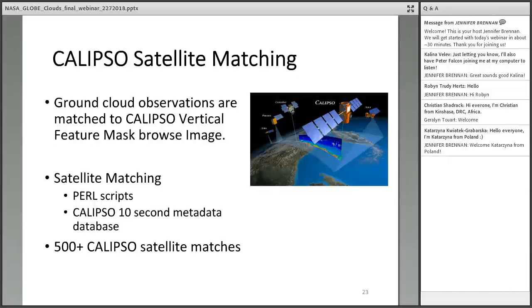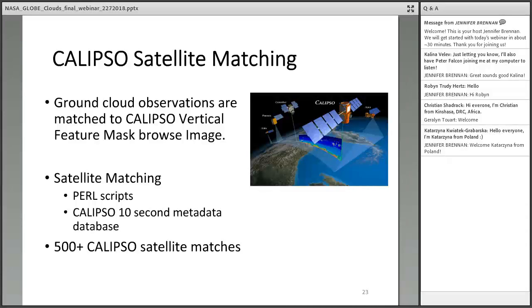We also match Eclipse, which is a much more difficult task. Eclipse sees a very thin, narrow view as opposed to Aqua and Terra, which see a much wider view. With Calypso, we are matching 10 kilometers either side of the overpass, so it's very narrow, and not many schools or citizen science locations fall under that location either.